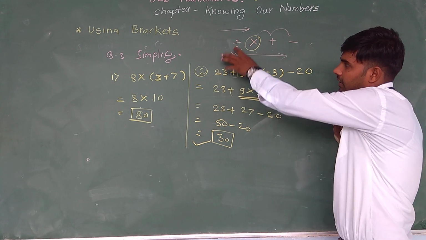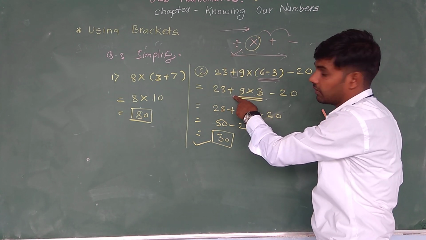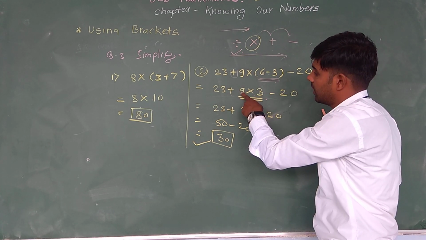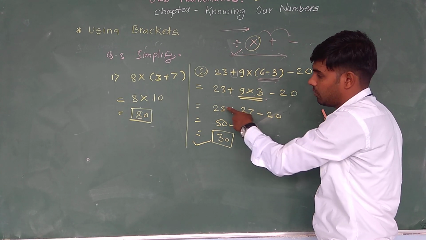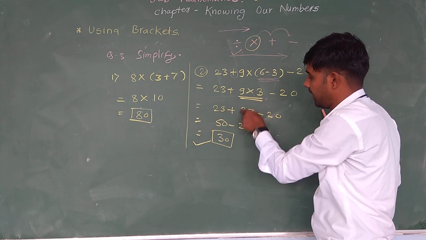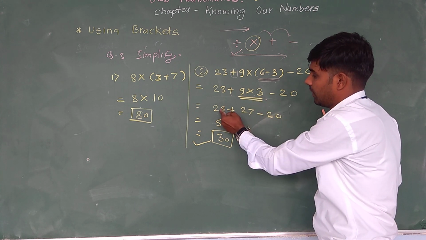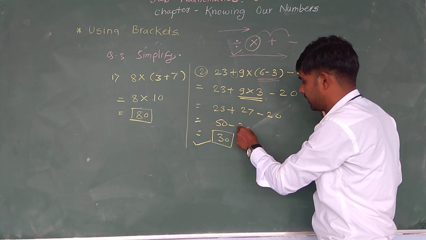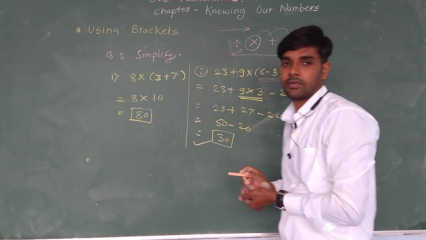So here division is not there, so don't solve addition directly. Solve what? Multiplication. So 9 3s are 27. Now 23 plus 27 minus 20. So 23 plus 27 is equal to 50. And 50 minus 20 is equal to 30.